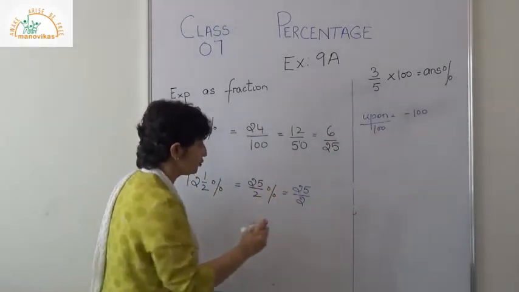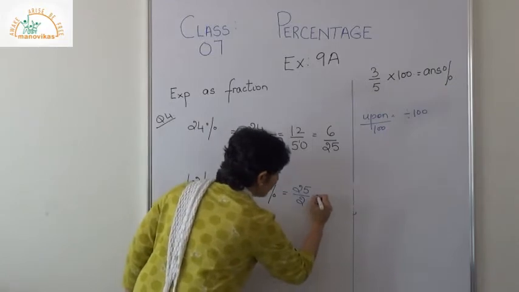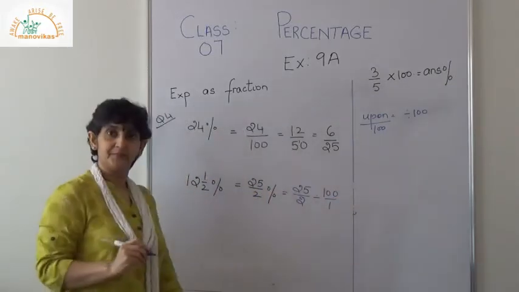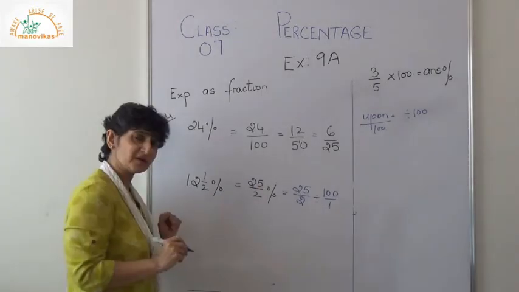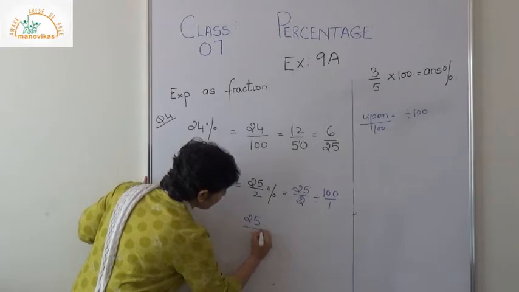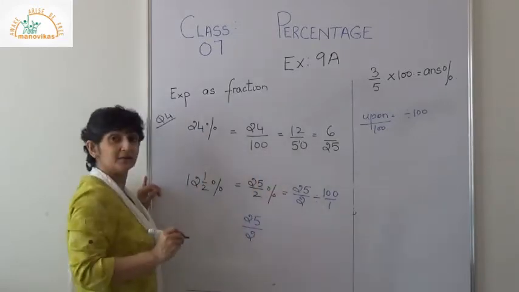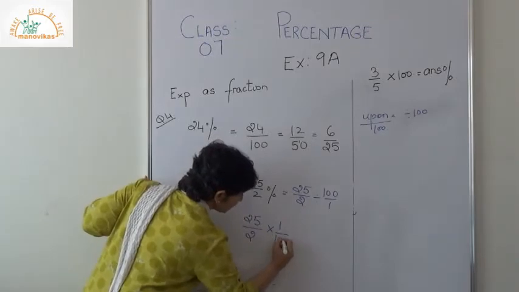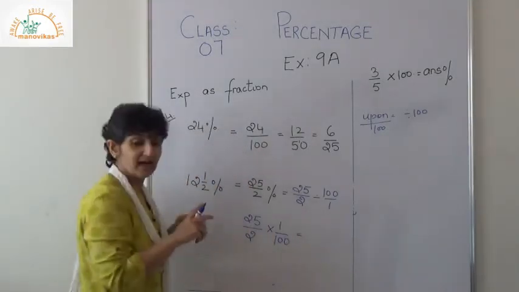So 25 upon 2, instead of saying upon 100, I will write it as divided by 100. Clear? What is my next step? Now this becomes 25 upon 2 divided by 100, which becomes, when you multiply, the reciprocal, 1 upon 100.